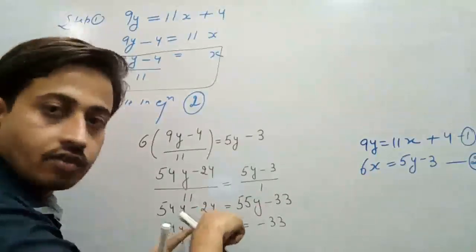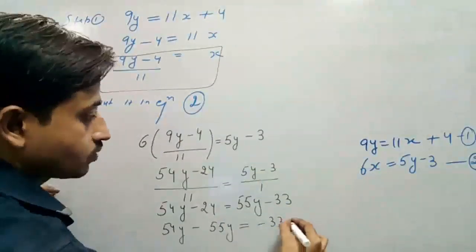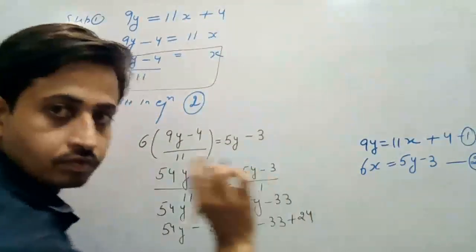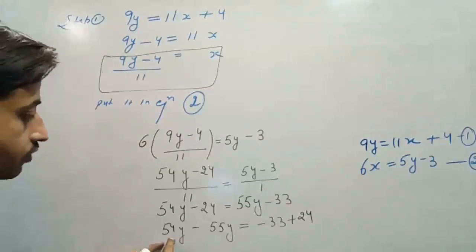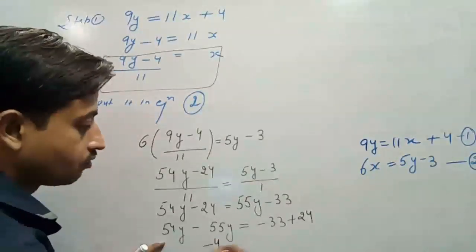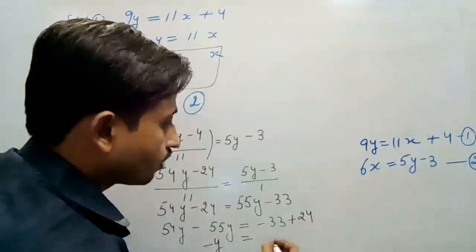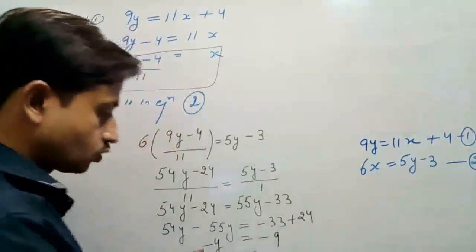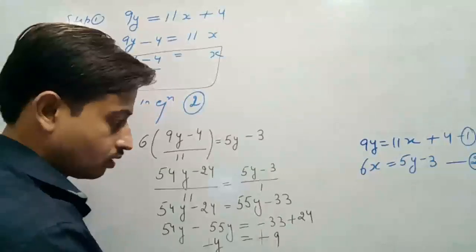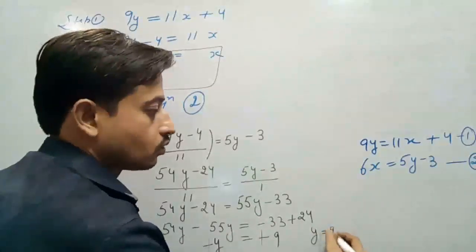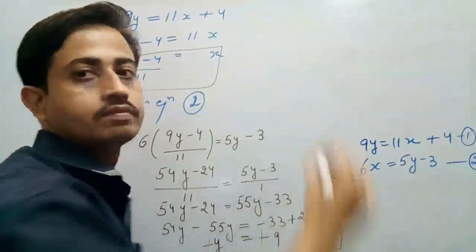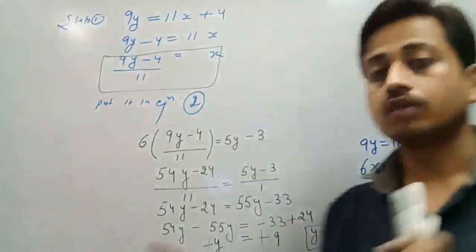Now take 24 to the right side, it becomes plus 24. So what will we get? 54y minus 55y, we get minus y. Minus 33 plus 24, we get minus 9. So negative, negative cancel out, we get y is equal to 9.